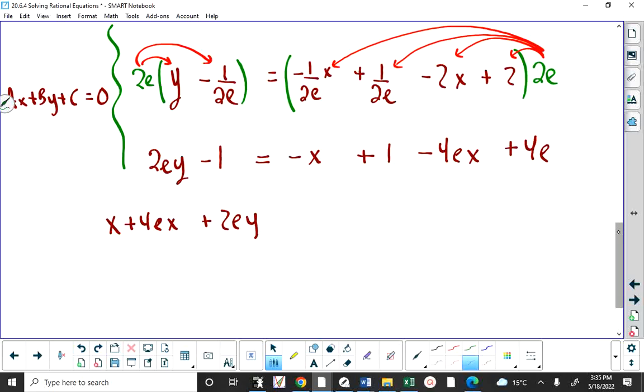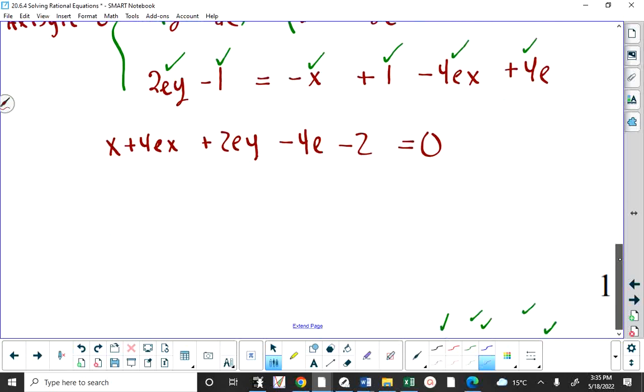Keeping track of things, I've taken care of this, and I've taken care of my 2x terms. I have all of my constant terms now. I have the 4e, which when I subtract it over becomes negative 4e. I've taken care of this. I have the negative 1, and I'm going to subtract the 1 from the other side to give negative 2. This is equal to 0, and that's the answer.